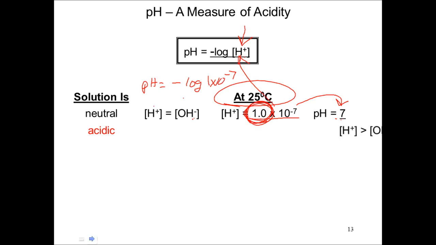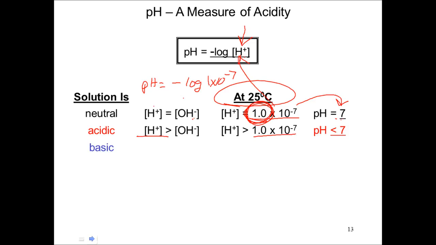Your solution is going to be acidic if you have more hydrogen ions than hydroxide. If your hydrogen ion concentration is greater than 1 times 10 to the minus 7, therefore your pH would be less than 7. A basic solution would have the hydrogen ion concentration much less than the hydroxide ion concentration.